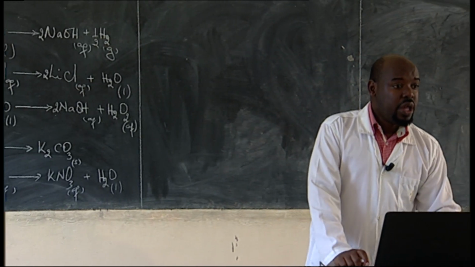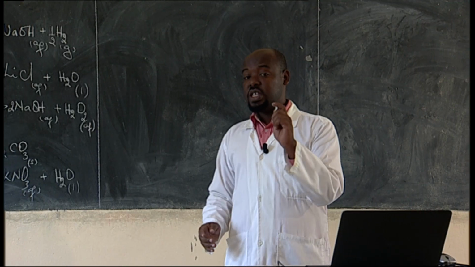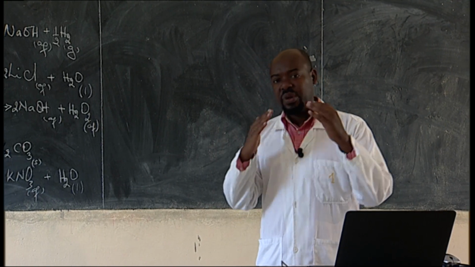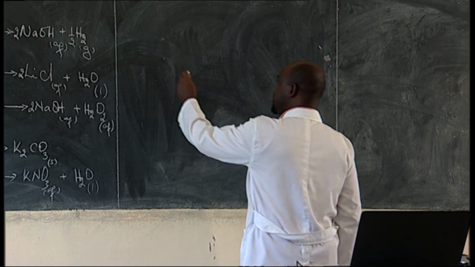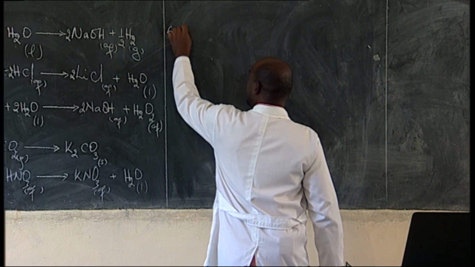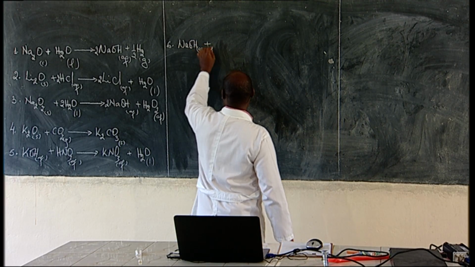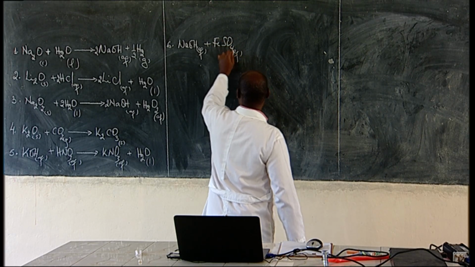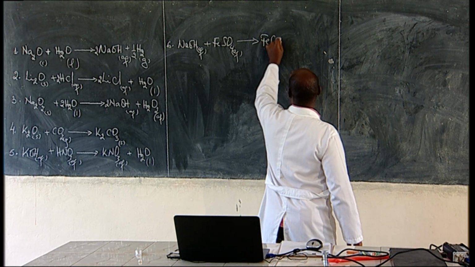And sodium hydroxide reacting with iron sulfate. Remember, we said the hydroxides of group number 1 can precipitate metal cations from their solutions. And here is the example we have. Sodium hydroxide reacting with aqueous iron sulfate. What do we produce? We produce iron hydroxide.